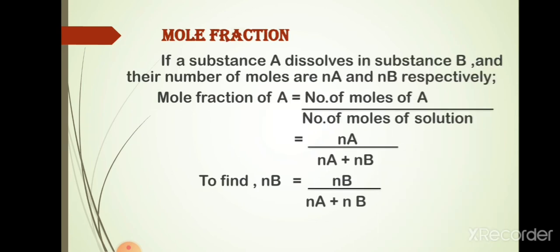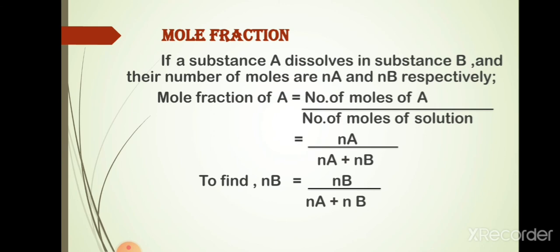Next is mole fraction. It is the number of moles of a particular component to the total number of moles of the solution. If a substance A dissolves in substance B, and the number of moles are represented as Na and Nb respectively, then the mole fraction of A is equal to number of moles of A divided by number of moles of solution, that is Na divided by Na plus Nb.